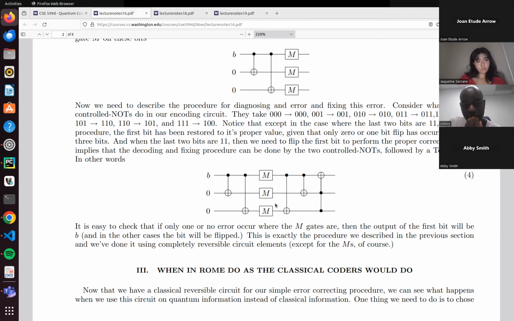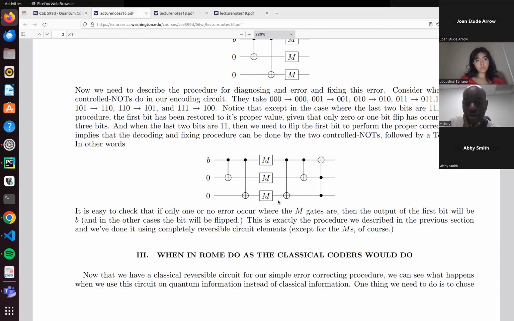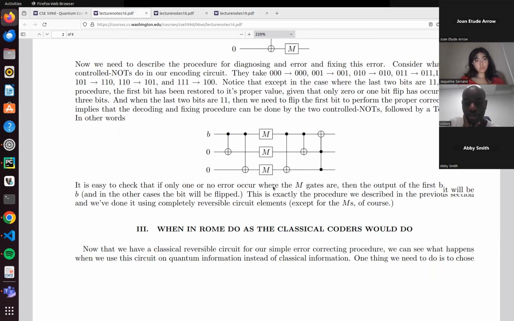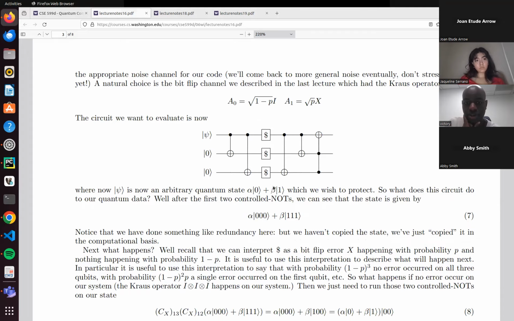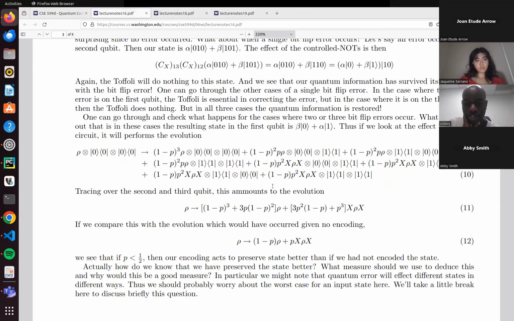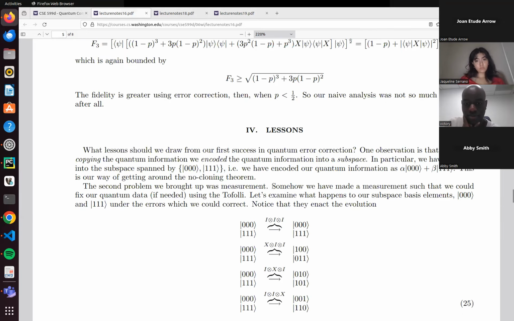Those are our XOR entanglement gates that we saw. So the M boxes are just saying something happened to the qubit right there, and I'm not sure what it is. Exactly. And based on what we measure, you apply certain corrections.